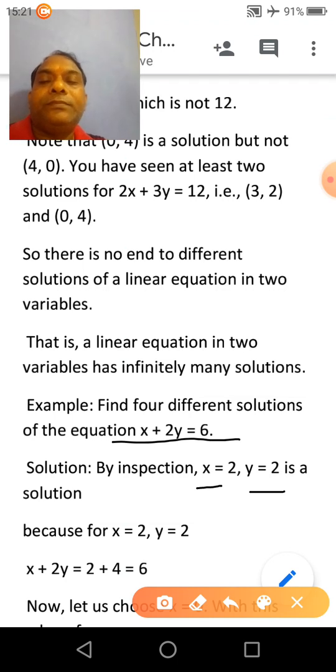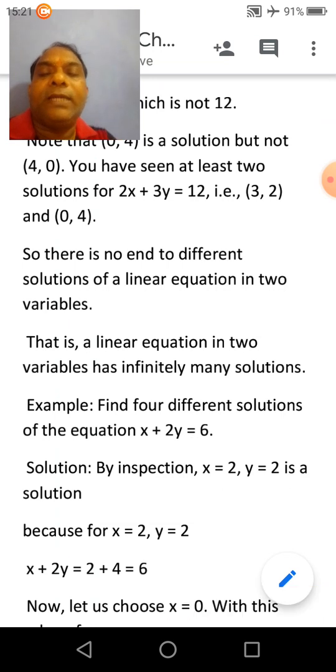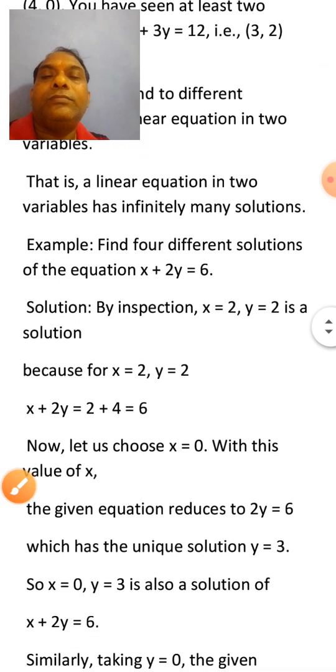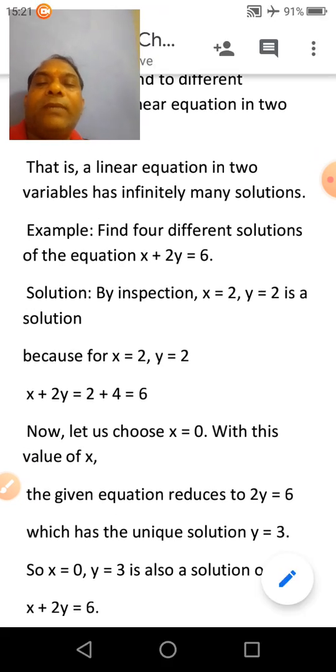Then x plus 2y will be equal to 6. It means x is equal to 2 and y is equal to 2 satisfy the given equation. So (2, 2) will be a solution of the given equation.